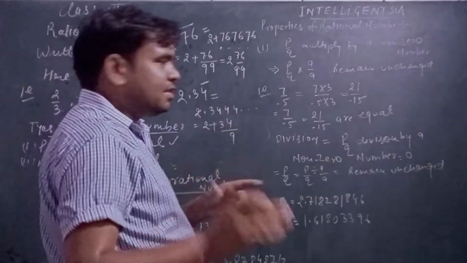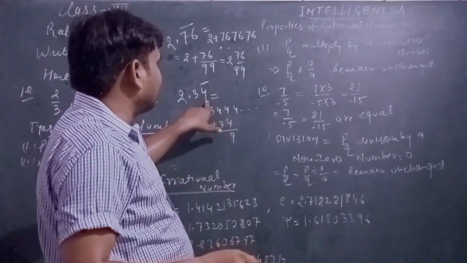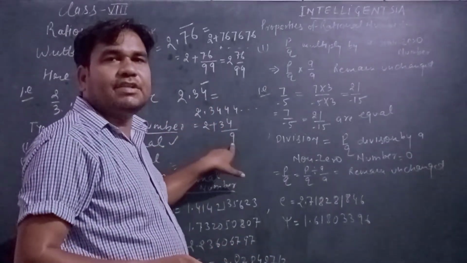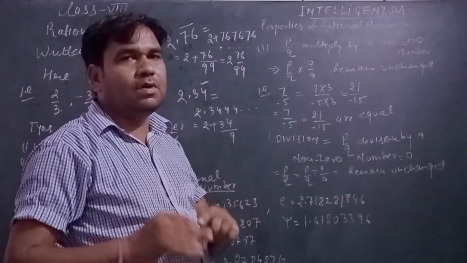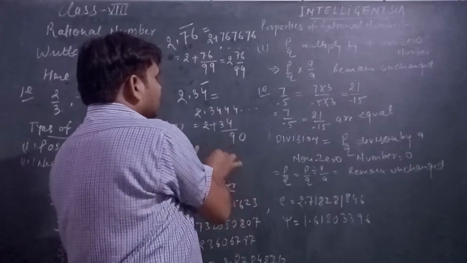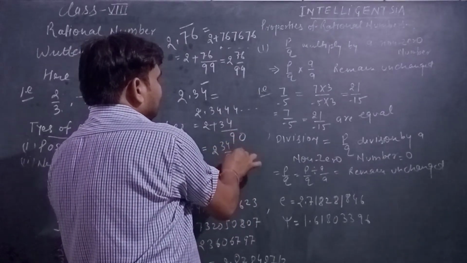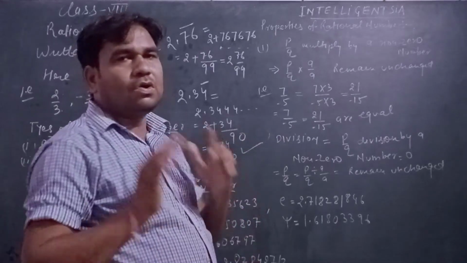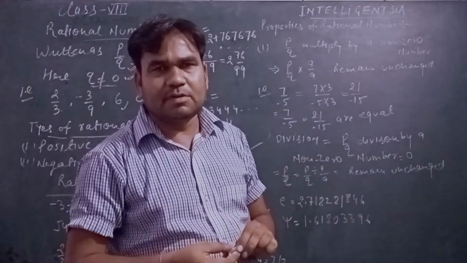When you see the bar is only one number, that is 4, so we put 9, and after that the number is a whole number, so we add 0. So here you see 2 and 34 over 90, that is also called a rational number. So students, this is the rational numbers.